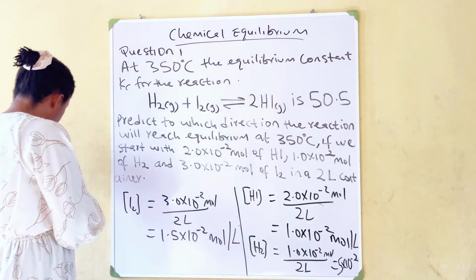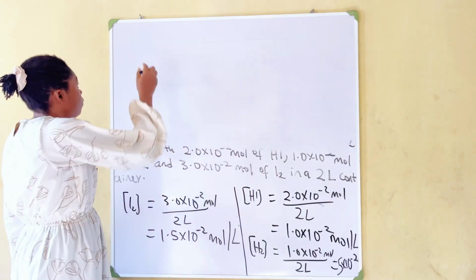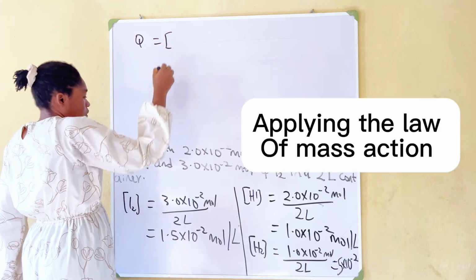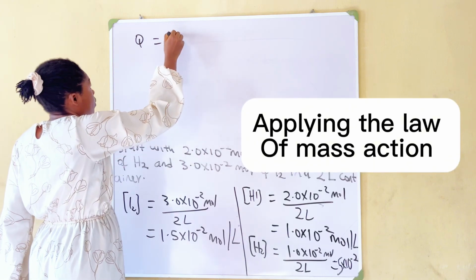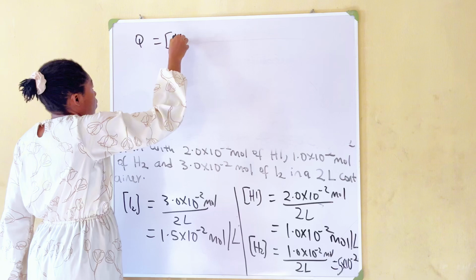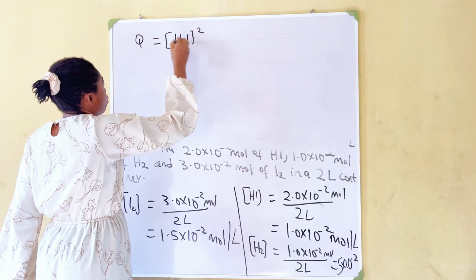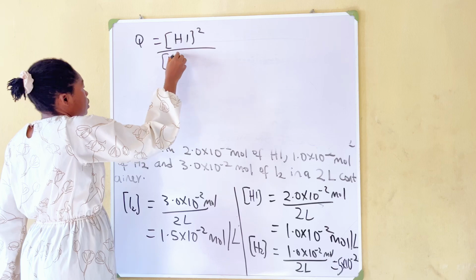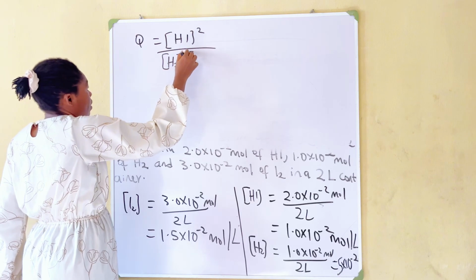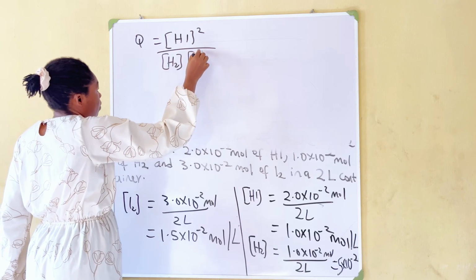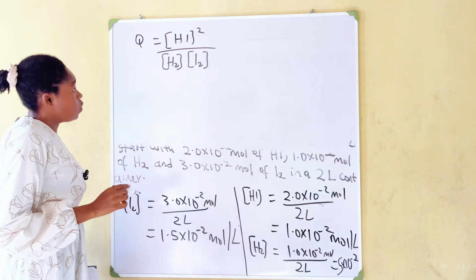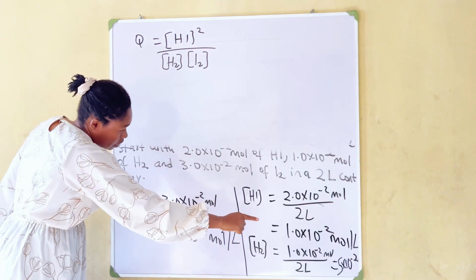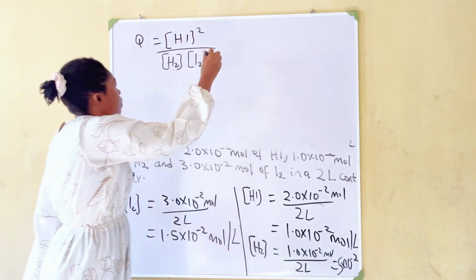Alright, having done this, we're going to put the formula for the reaction quotient. The concentration of the product, hydrogen iodide, raised to the power 2, over that of the reactants: hydrogen raised to the power 1, and the concentration of the iodine molecule raised to the power 1. So I'm going to substitute these concentrations.